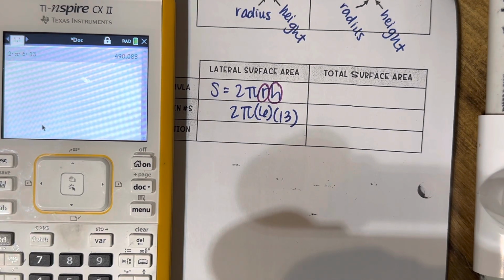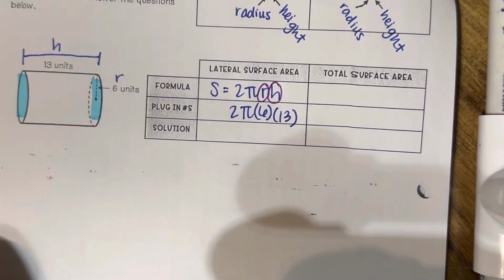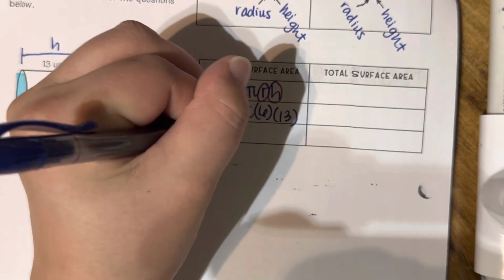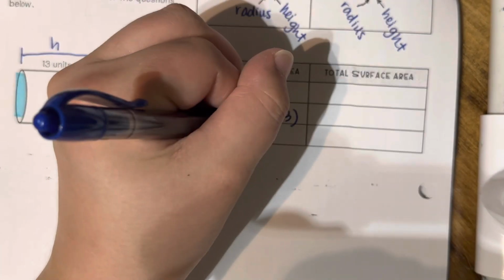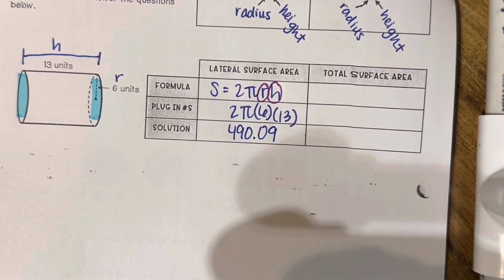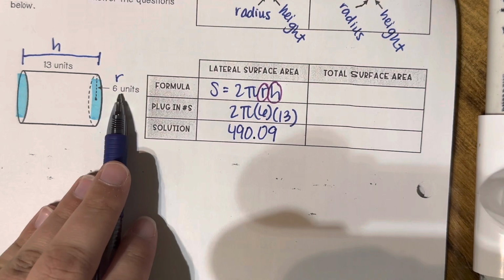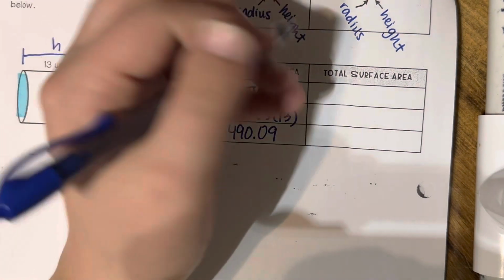I'm going to round it to make it look like money. So the solution, or the lateral surface area of this cylinder right here, is 490 and 9/100. And since we're talking about surface area, my units are squared.